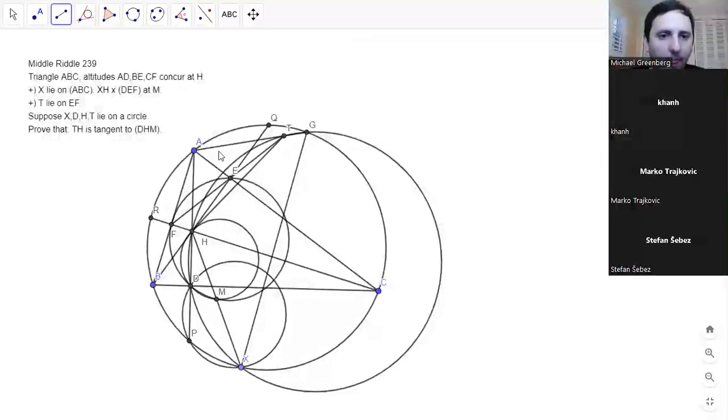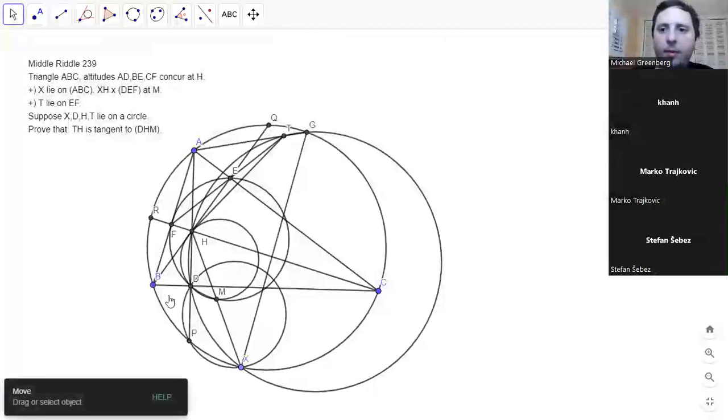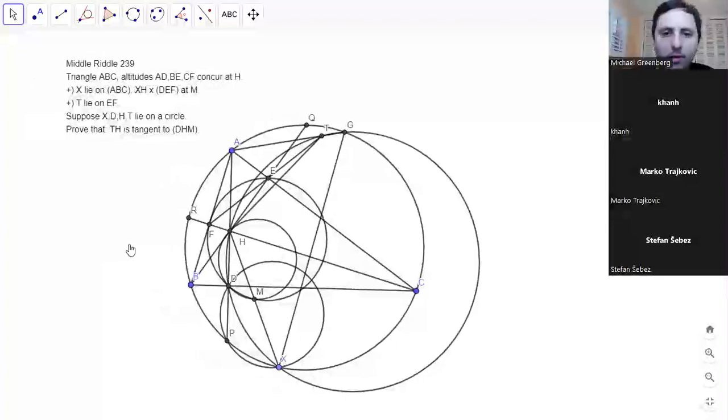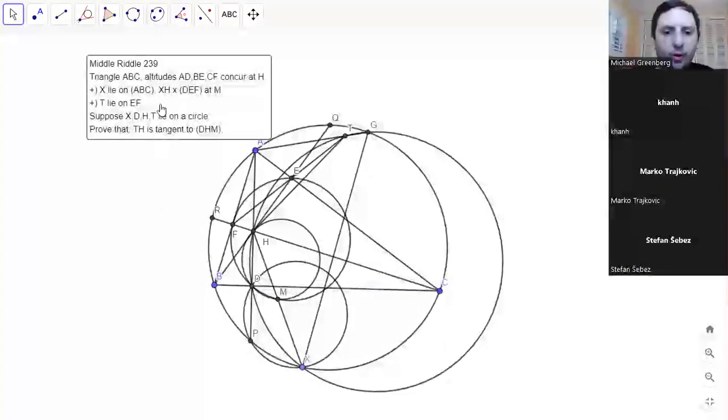So or I could use inversion. So do you also want to reflect about the angle bisector or just the inversion? Just invert. Okay.